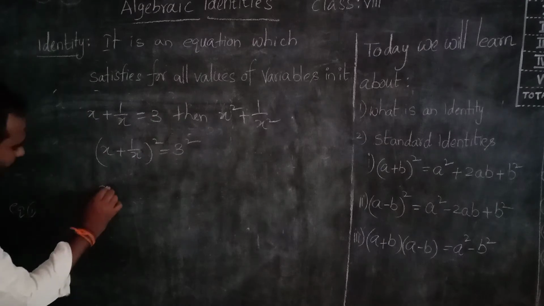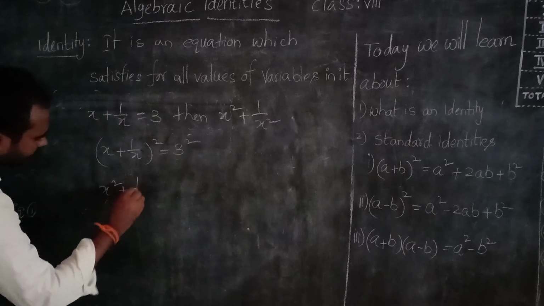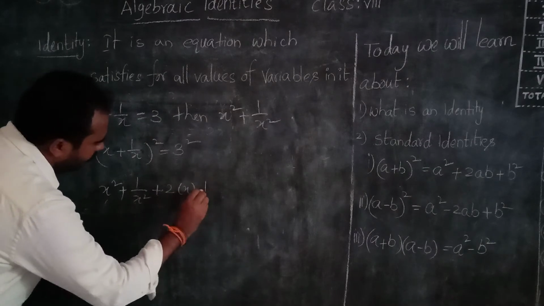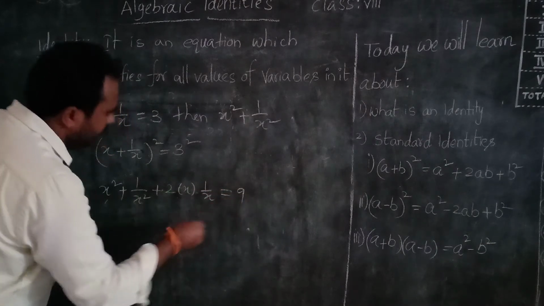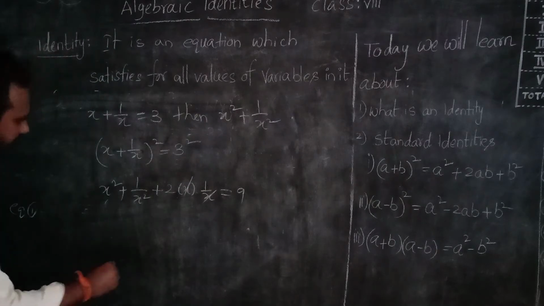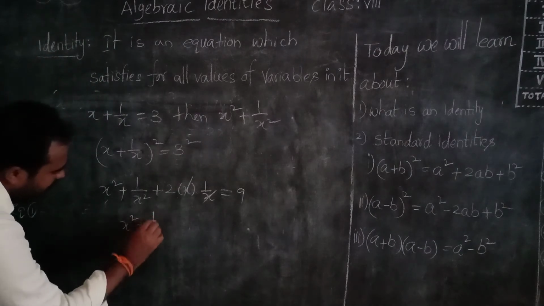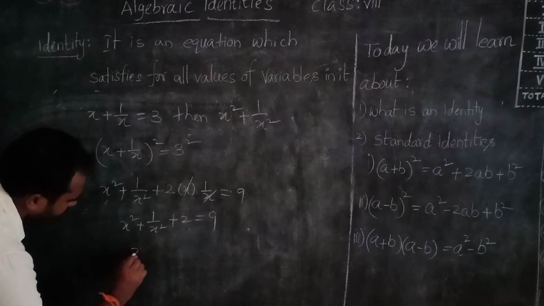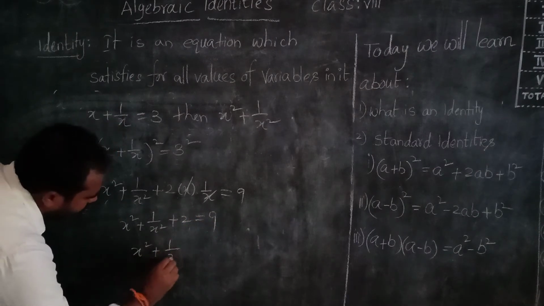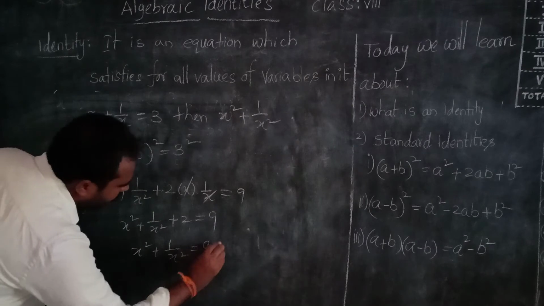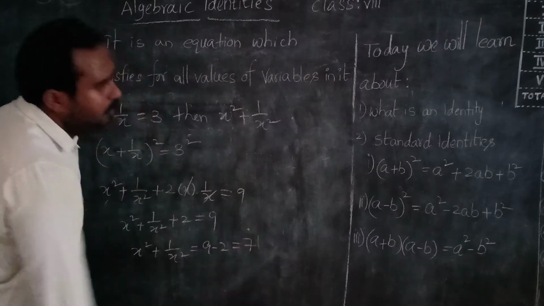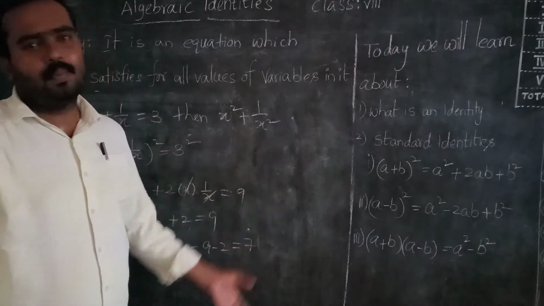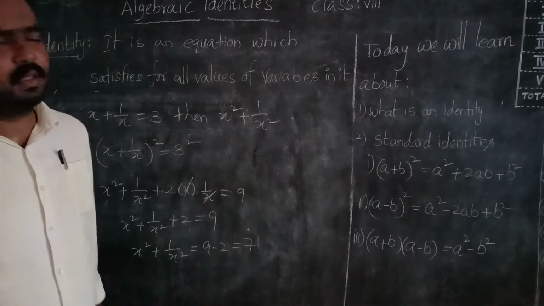That means a square plus b square plus 2 into x into 1 by x is equal to 9. x gets cancelled. x square plus 1 by x square plus 2 is equal to 9. x square plus 1 by x square is equal to 9 minus 2, 7. These kinds of problems are very important for all competitive exams also.